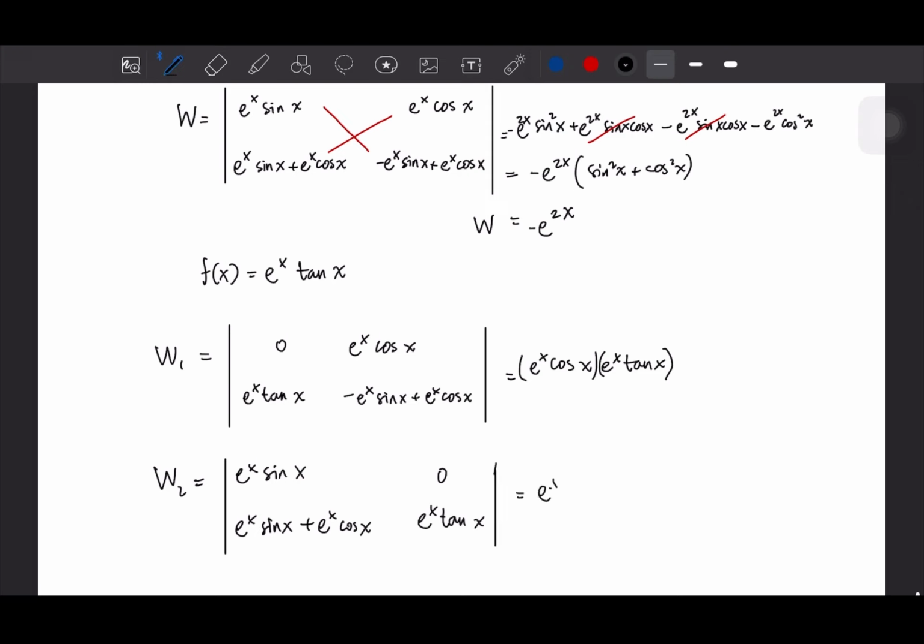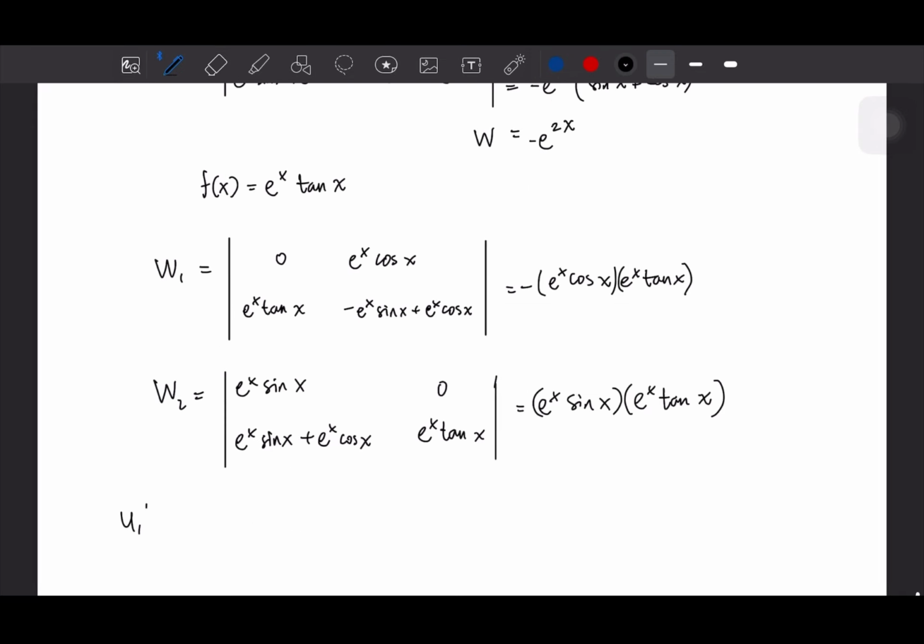This will be e^x sin x and e^x. Oh, it's supposed to be minus the first one. Sorry, forgot to make sure that this is the minus sign right there. So e^x sin x and e^x tan x.